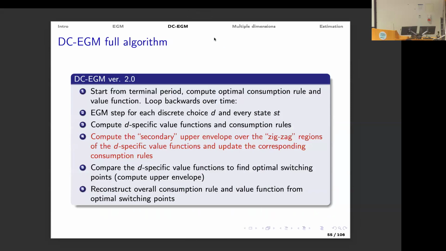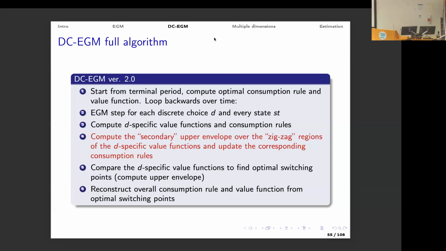Okay, so once we've explored all of these details, what is the algorithm now? Well, we start from the terminal period, compute the optimal consumption rule and value function, and then loop backwards: an EGM step for each discrete choice, one by one, computing the specific value functions and consumption rules. Now, there are secondary kinks, so secondary kinks have to be cleaned out. So there's this additional step: compute the secondary upper envelope over the zigzag regions for each of the D-specific value functions that we're computing, and then update the corresponding consumption rules.